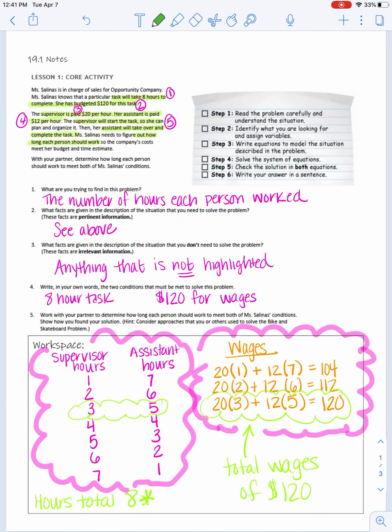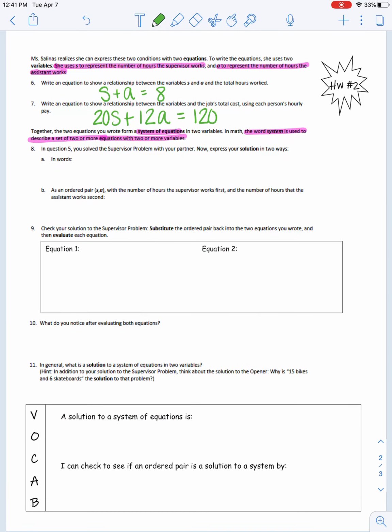So we're going to talk about our solution. We found the solution on the front page. It was 3 hours for the supervisor and 5 hours for the assistant. So in your own words, the supervisor works 3 hours and the assistant works 5 hours.